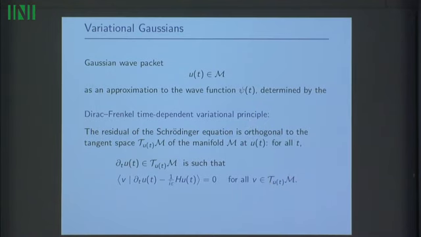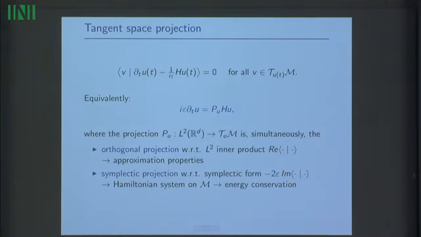Is this equivalent to restricting the action to M and then taking variations in M? That's equivalent to that. Yeah. So you have to take the Dirac action that corresponds to a Schrödinger equation and reduce that. That's equivalent, indeed. Yes.